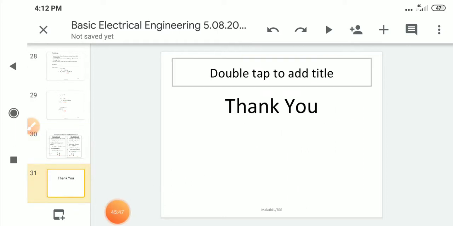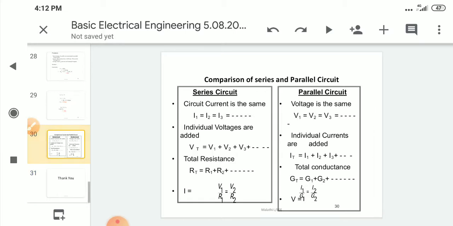In this video, we covered the topics of series and parallel resistances, their comparisons, and many numerical problems. We have to solve many problems in this chapter under series and parallel resistances.